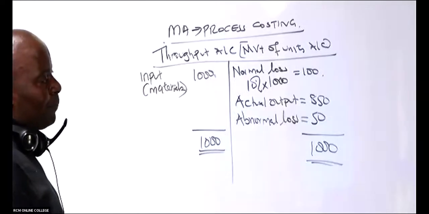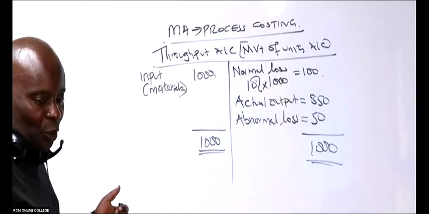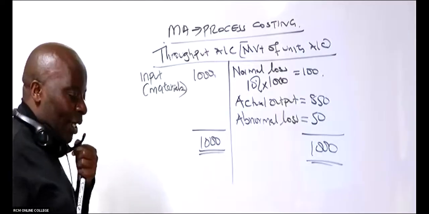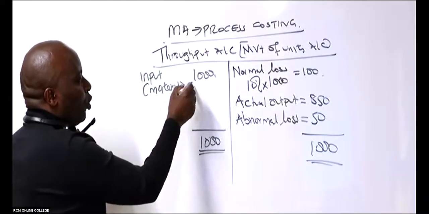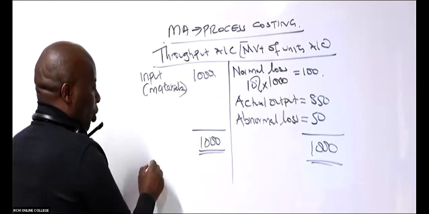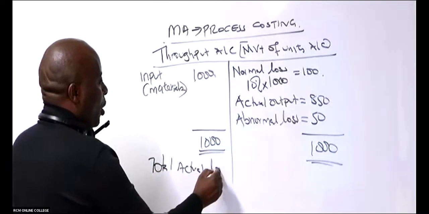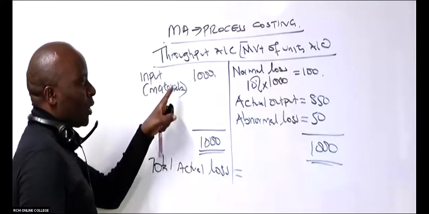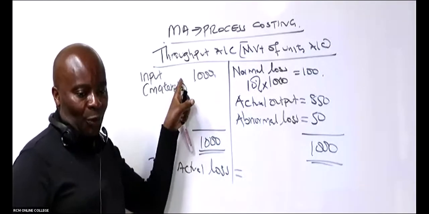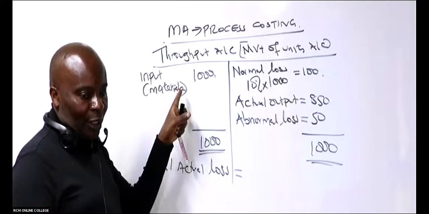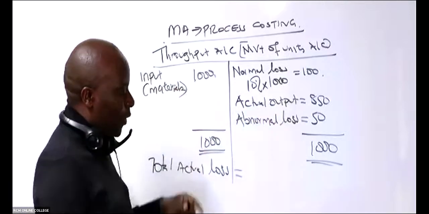50 units. Now, remember yesterday, I tried explaining to all of us that when you look at the total actual loss, into the process we did put in 1,000, but we actually got 850.